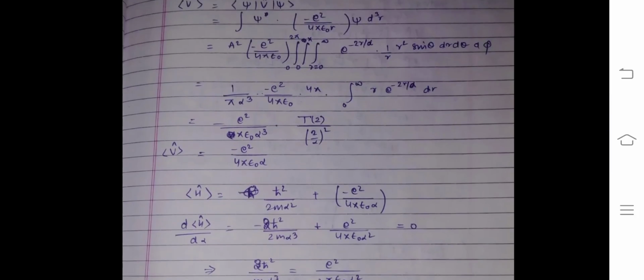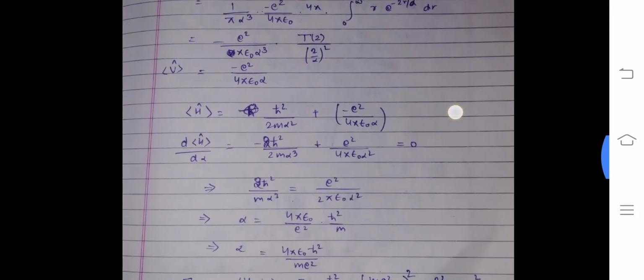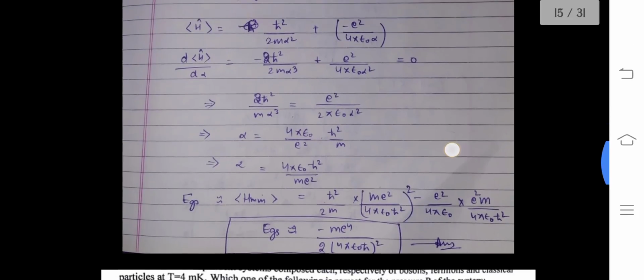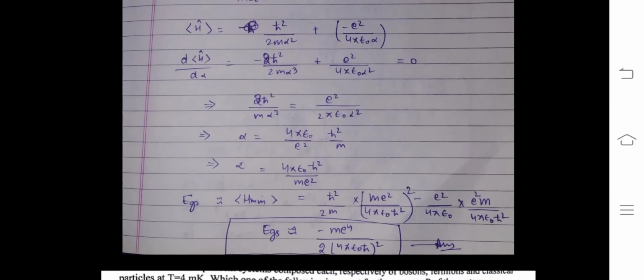Adding both, we get the Hamiltonian, and then we take the derivative of the Hamiltonian with respect to the parameter, alpha in this case. So after solving all, we get the ground state energy equal to minus me^4 over 2 times (4 pi epsilon naught h cut) squared.